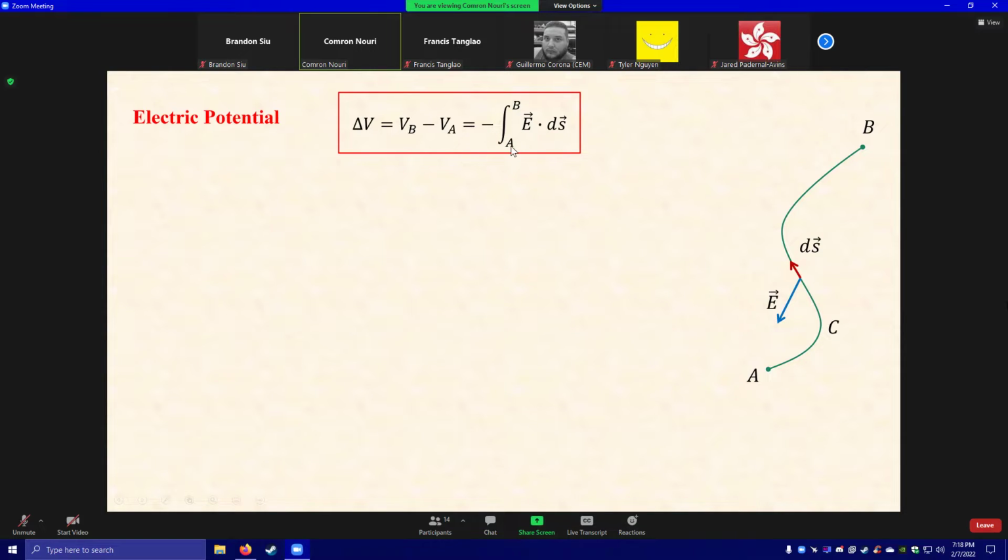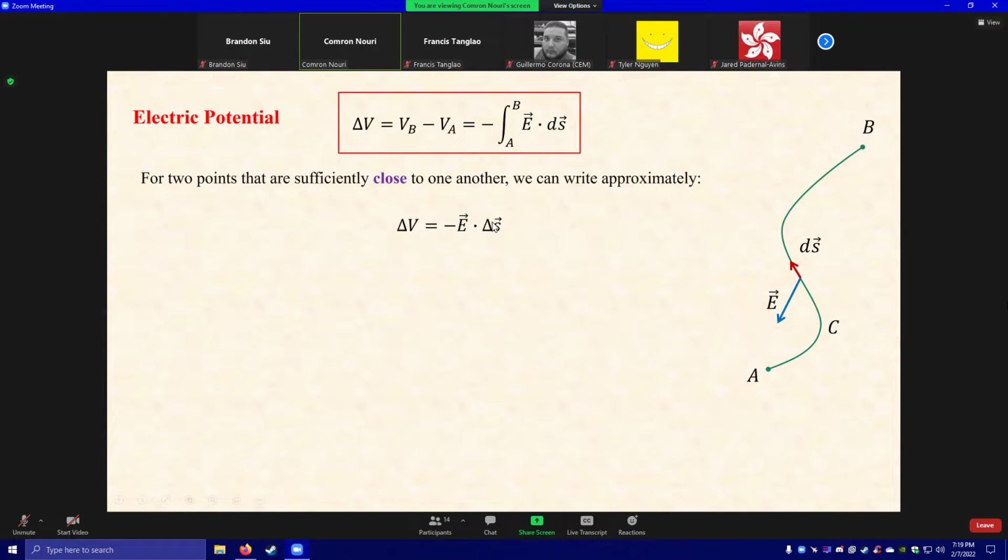So basically, the integral from A to B of E dot ds means that from A to B, you go along a path C, and along the path, you take a step ds, and you calculate E at that point dot ds. In this case, for example, ds is this way, E is this way, you get a negative number here. And then you add all these numbers until you get to B. That gives you the potential difference between A and B, all right?